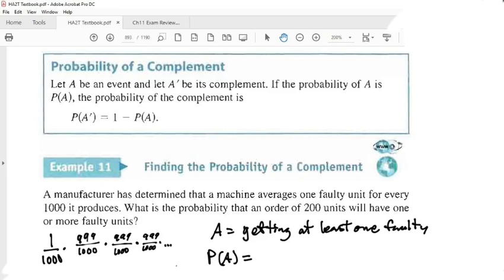So I'm getting the probability of this event A, and that event is getting at least one faulty unit. At least one. Whoa, at least one? Yes, at least one. You know what that means? I also have to find the probability of getting 2, and then I have to find the probability of getting exactly 3, and then 4, then 5, then 6, and 7, all the way up to 200. Okay, this sounds very, very obnoxious, right? So we got to think about this a different way.